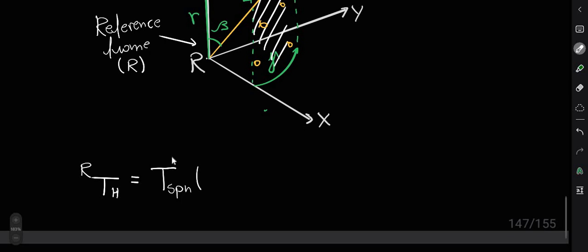transformation of the spherical coordinate system with the angles beta and gamma, multiplied by the RPY matrix. So RPY is a matrix, not a transformation.